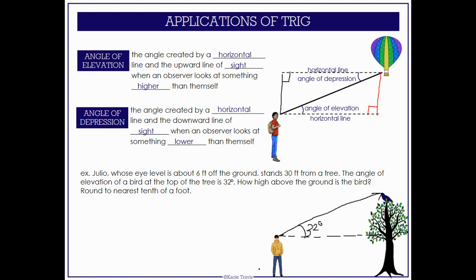So what we have here is that he is pretty tall. He's 6 feet. We also know that he's standing 30 feet away from the tree. That's this length down here for this horizontal line. They want us to find how high the bird is above the ground.